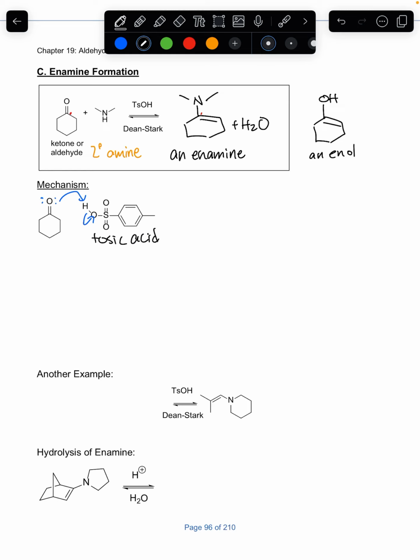It's a strong acid, so it's going to protonate the carbonyl. And what happens next? Well, you get the protonated ketone, of course, and that can be intercepted by the amine in a nucleophilic addition reaction, which will give us the tetrahedral intermediate, like so.